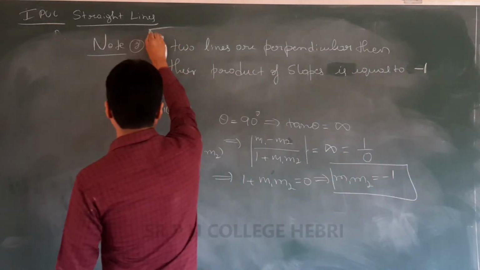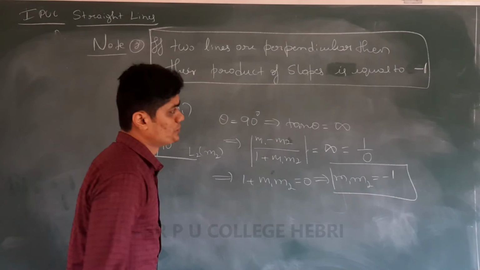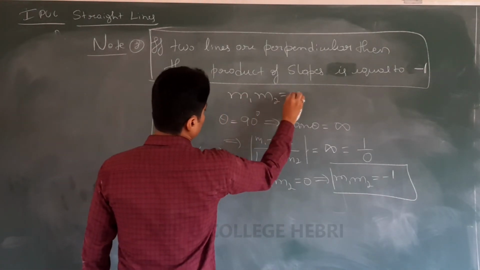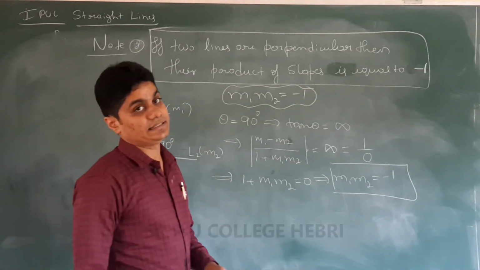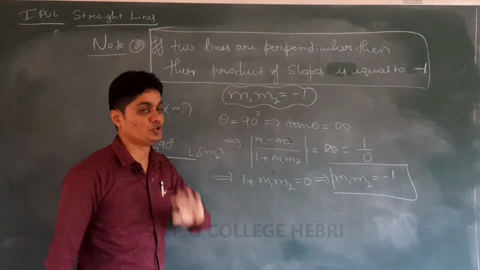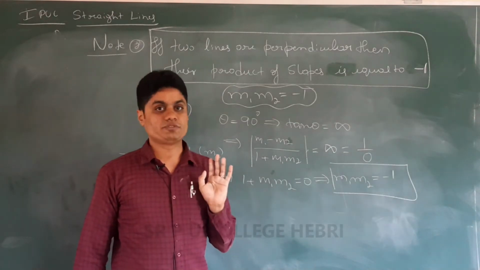So please remember, if two lines are perpendicular, then their product of slopes is equal to minus 1, right? m1 into m2 is equal to minus 1. Remember, m1 equal to m2 means two lines are parallel. If two lines are perpendicular, their product of slopes is equal to minus 1. Very important information, please remember.